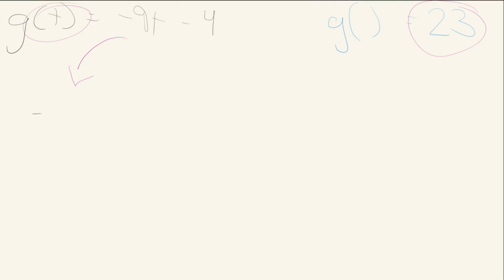It's going to be negative 9t subtracted by 4, and that is going to be equal to 23. So now all we have to do is solve for this t.